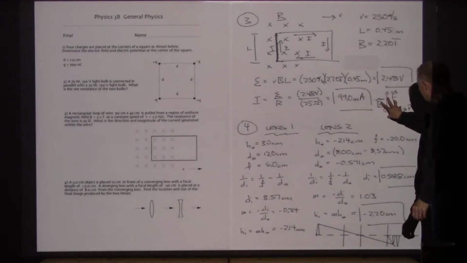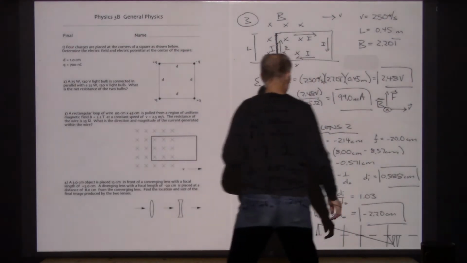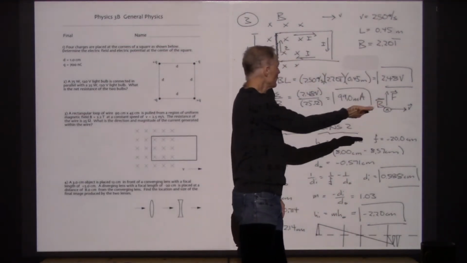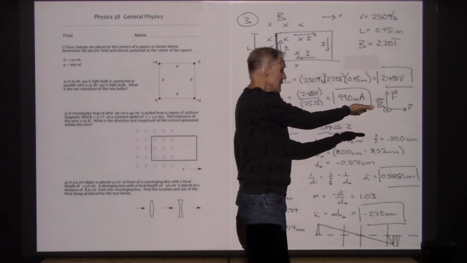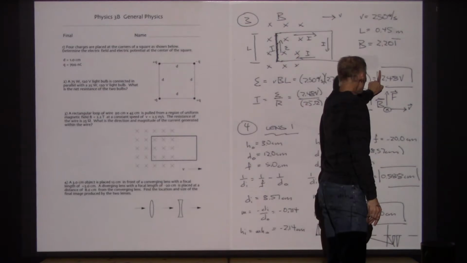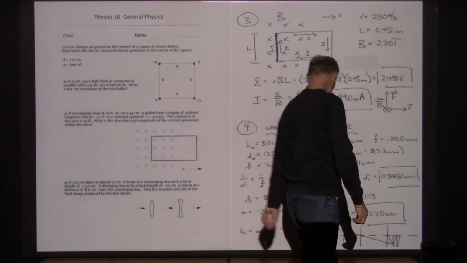The magnetic field everywhere is into the page, and using the formula for the force acting on charges moving through a magnetic field, it says that there's going to be a force on positive charges in this direction and a force on negative charges in the opposite direction.